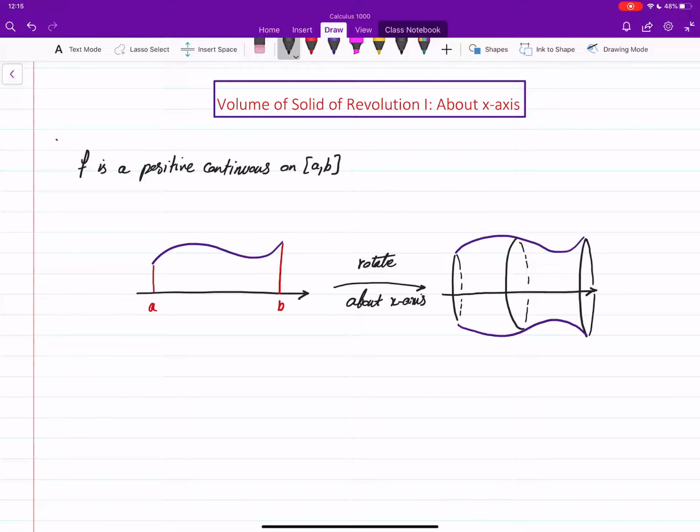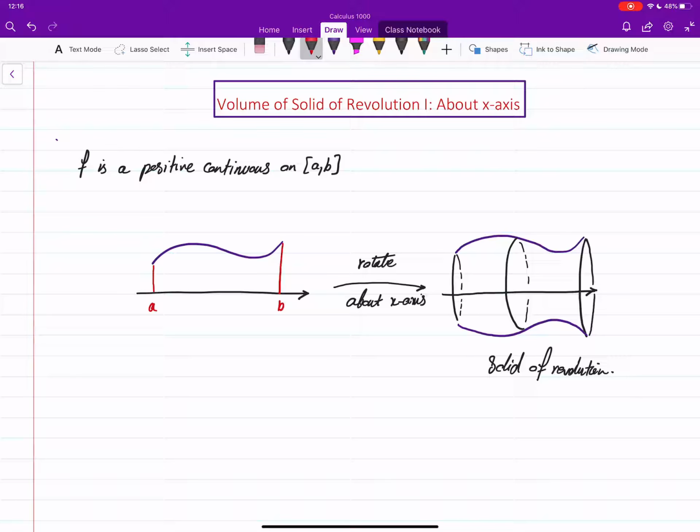Such an object is called a solid of revolution. So it is a solid, a three-dimensional object, which we get by rotating a region about the x-axis or y-axis. This is called a solid of revolution.